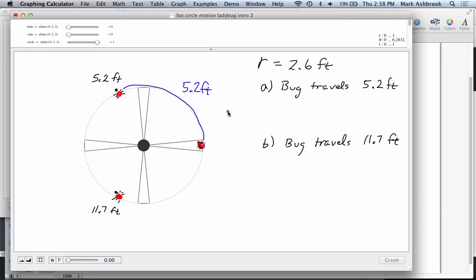So you're using the formula. So who can explain it in terms of what radians mean? Christian: 1 radian is 1 radius length, right? The radius right now is 2.6. 2.6 times 2, or 2 radius lengths, is going to equal 5.2. So you notice that the distance the bug traveled is twice the radius length. And so that arc length is twice the radius length. So the angle that would cut off 2 radius lengths is 2 radians.